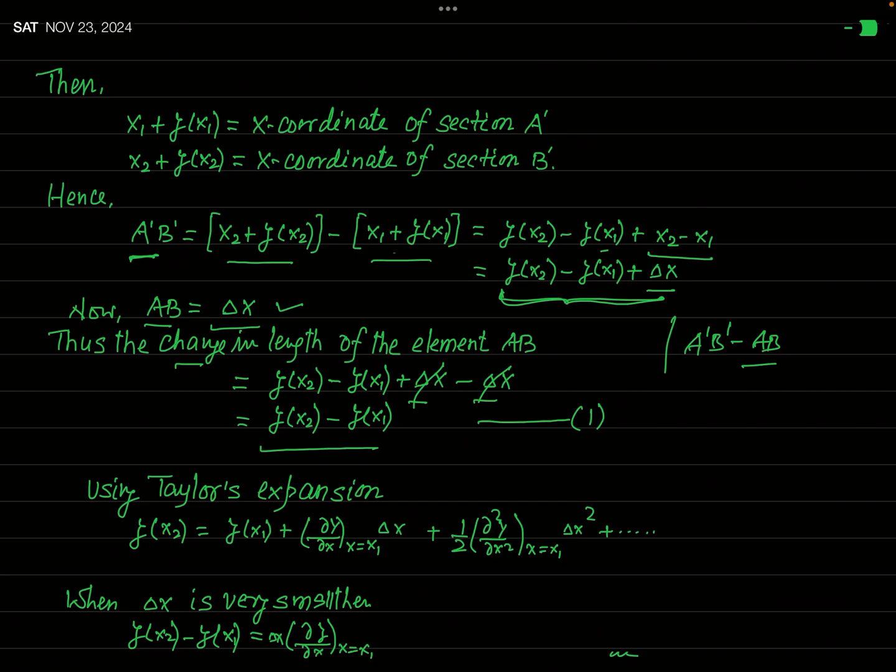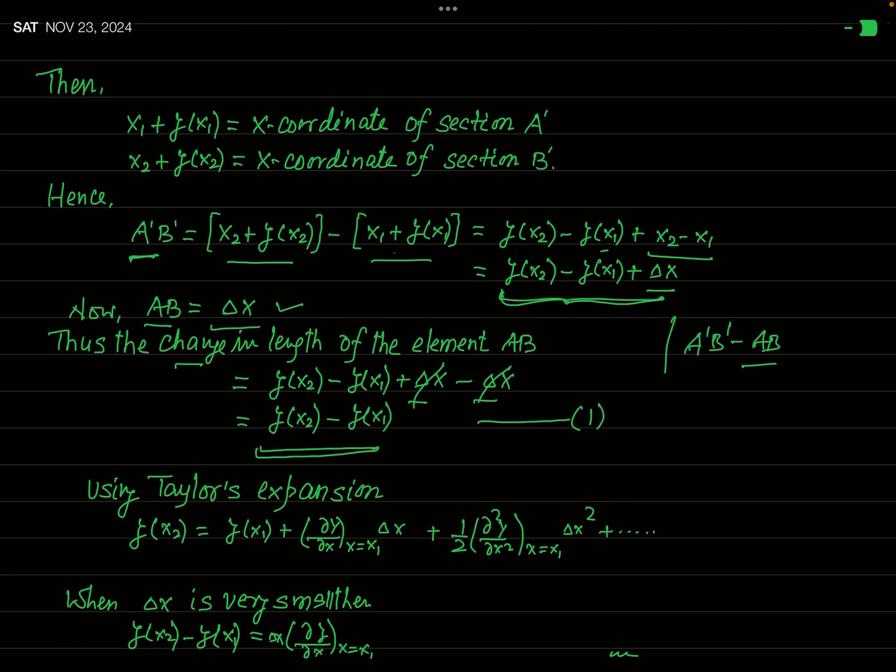As you have seen in my lecture on the vibration of a string, we can find the value of this y of x2 minus y of x1 by using the idea of Taylor's expansion.